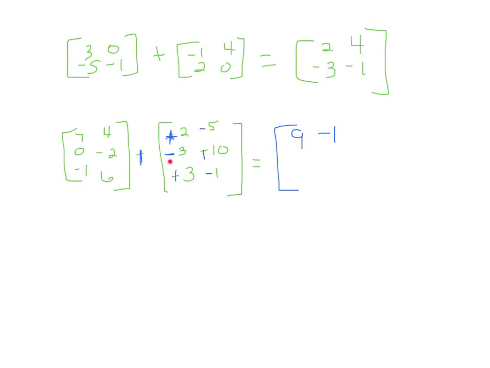Add the 0 and the -3. Add the -2 and the +10. Add the -1 and the 3. And then finally, add the 6 and the -1 to get this same dimension matrix. So this is still a 3 by 2 matrix.